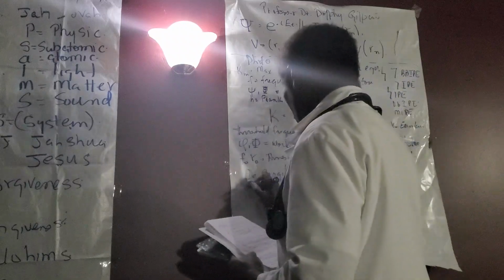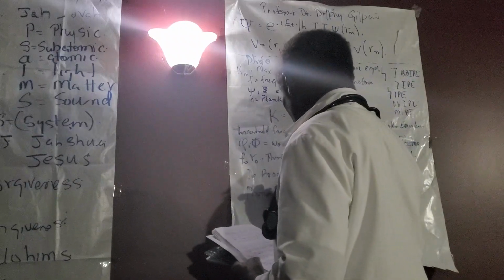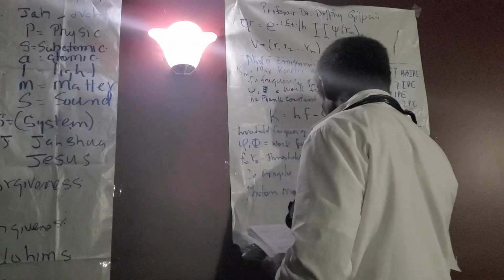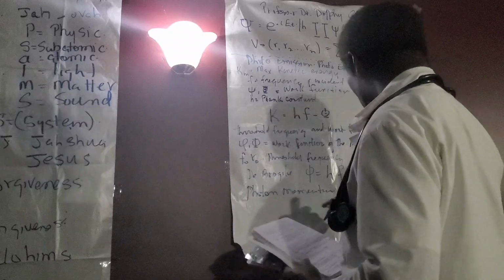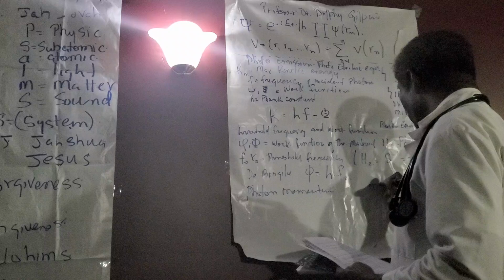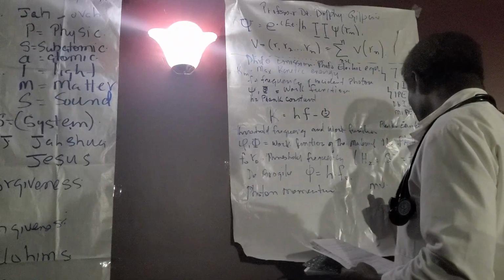Move on now to photon momentum. Momentum is mass times velocity, right? So it will be the mass times the velocity of the photon.